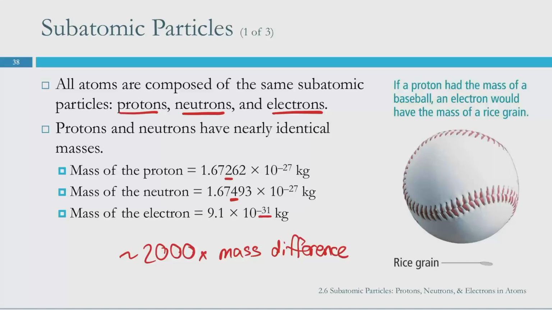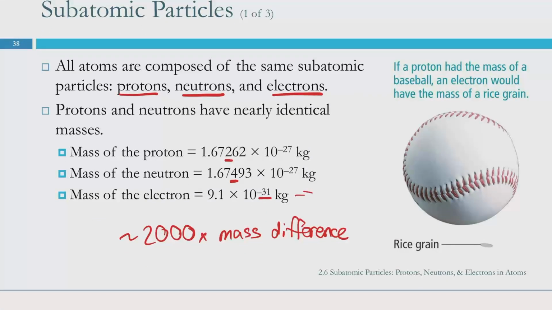Swimming pool? Probably not a swimming pool. Not a planet, not quite that big. So if the electron is a watermelon, then our proton or our neutron is a semi-truck. So that's also about a 2,000 times difference in mass, just on a bigger scale.